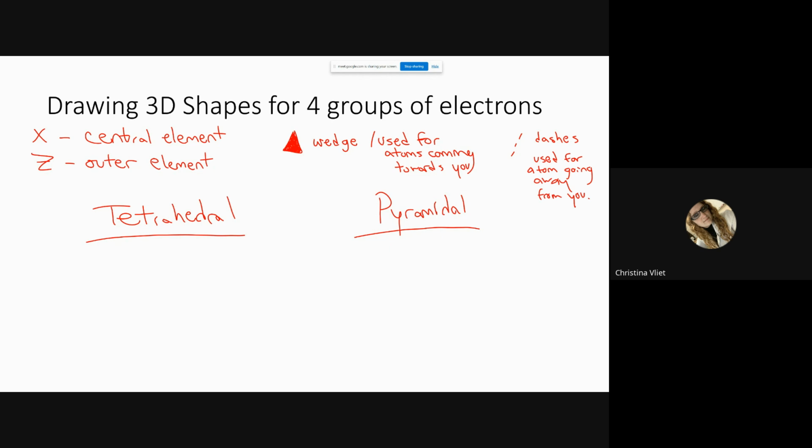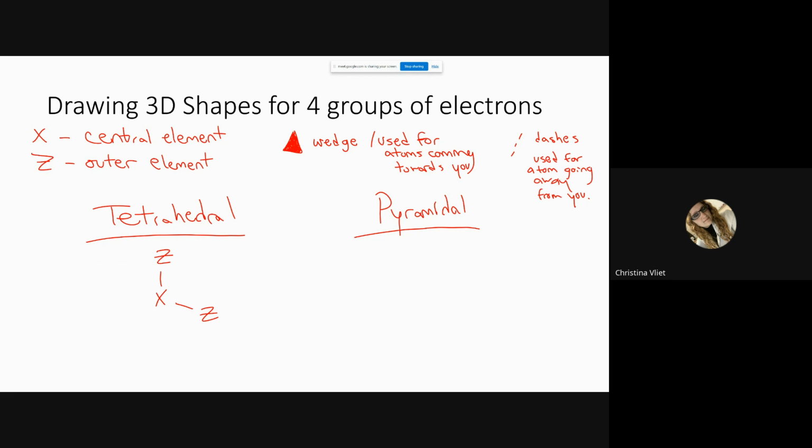So for tetrahedral, this is what you're going to need to remember. X would be your central element. Then you have a Z here. And in a tetrahedral molecule, there's always one atom coming towards you and one atom going away from you.